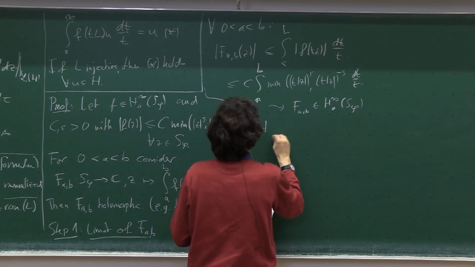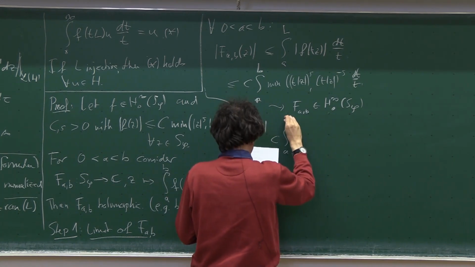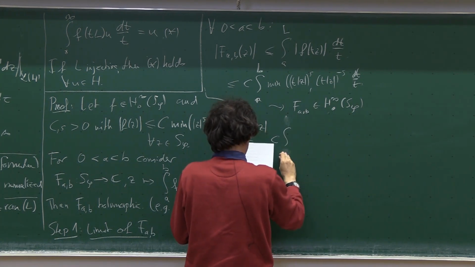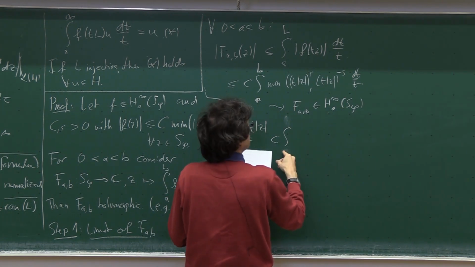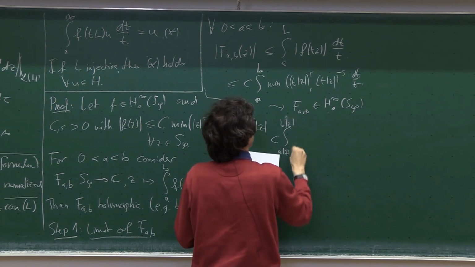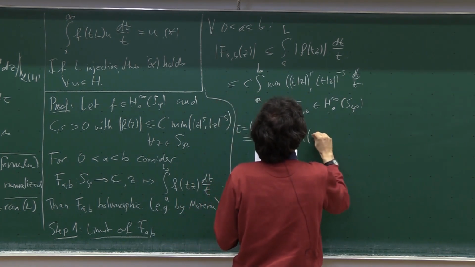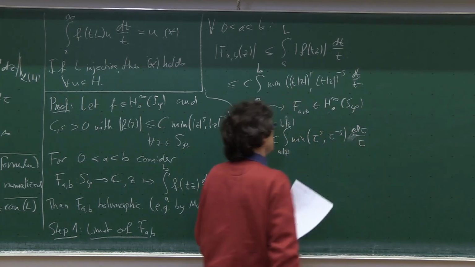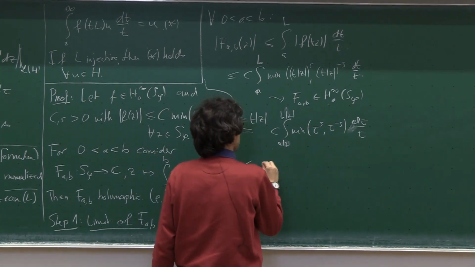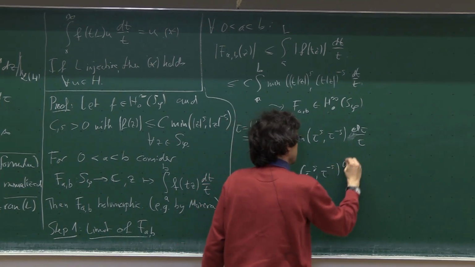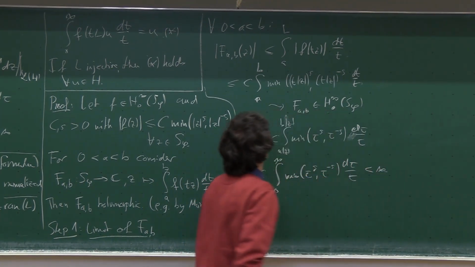And then you find this is the same as the constant times the integral from not a to b, but, if t is a, then this is a times modulus of z, to b times modulus of z, of the minimum of tau to the s, tau to the minus s, d tau over tau, again Haar measure. But now just estimate this by the integral from 0 to infinity of this minimum, tau to the s, tau to the minus s, d tau over tau. This is finite.